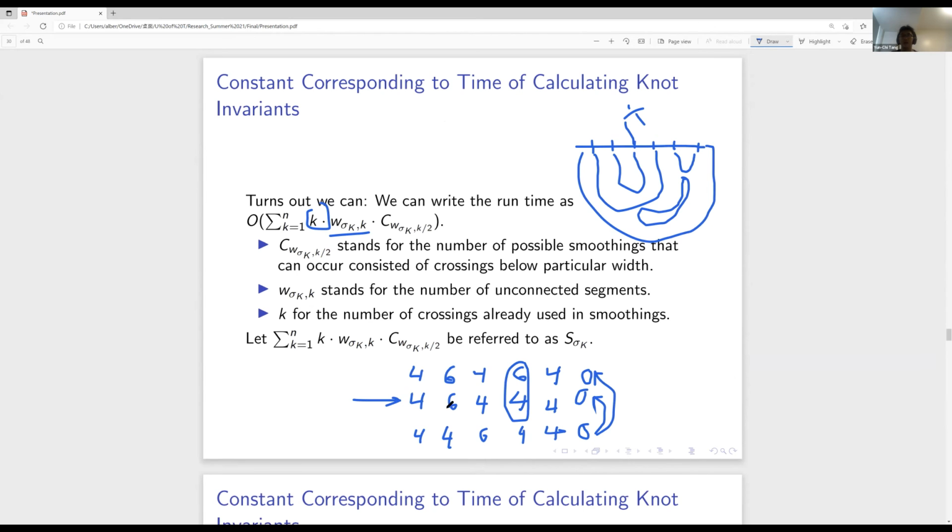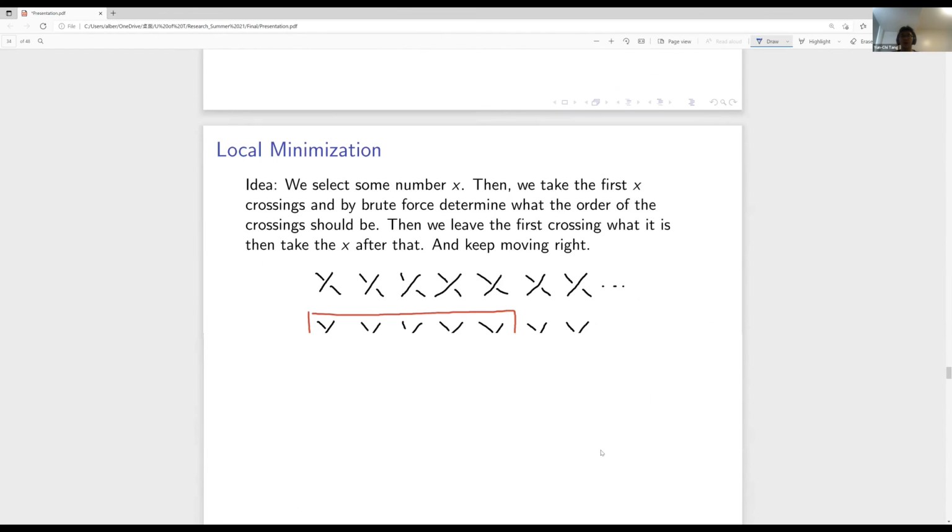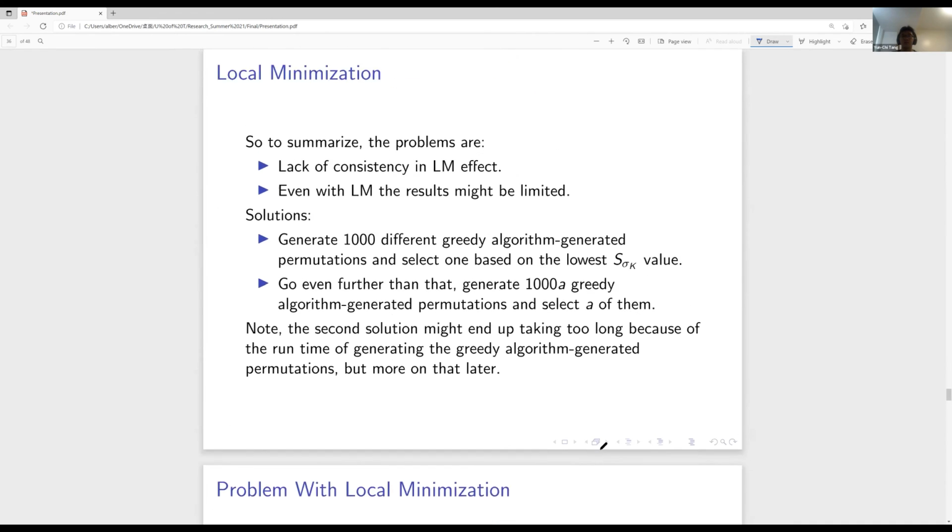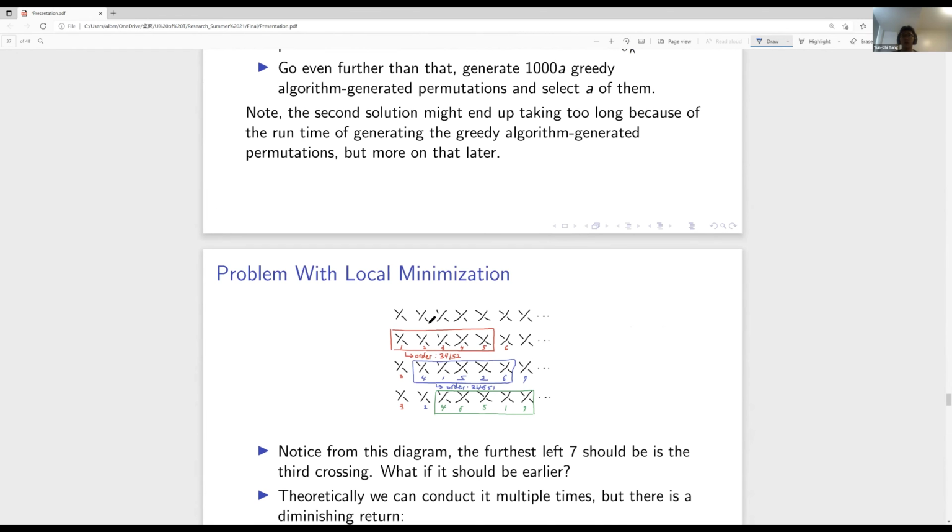For example, if the number of crossings had increased to 100, then we'd rather this 6 be earlier, let's say at the second or third width, than be later at like the 95th, 96th width, because at that point, this extra k constant we apply is going to increase the S value by quite a bit. So with that, we could choose instead to reverse this process so we're going to start from the back.